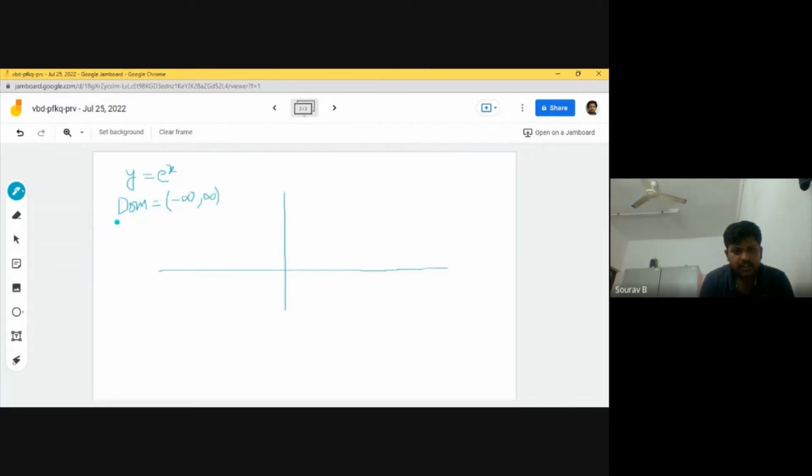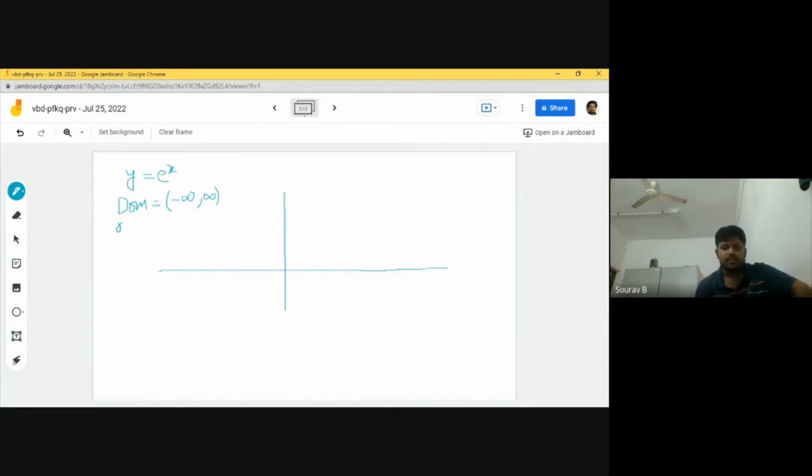For the range, since it is monotonically increasing, you will get the minima at minus infinity. If you put e to the power minus infinity, it approaches zero, and you will get the maxima at infinity.